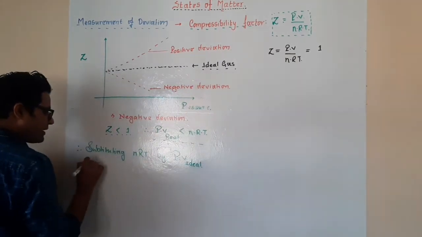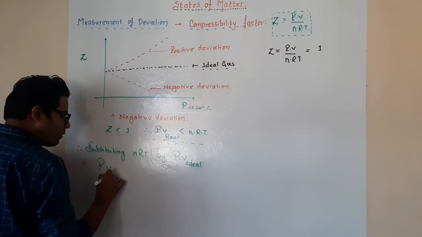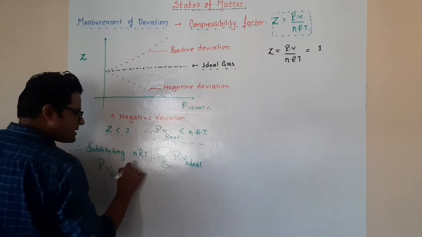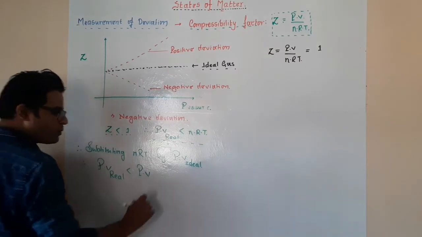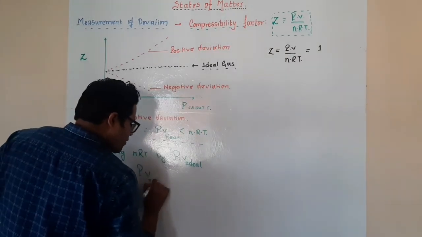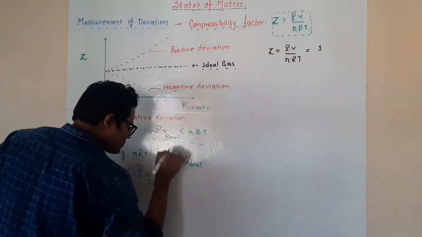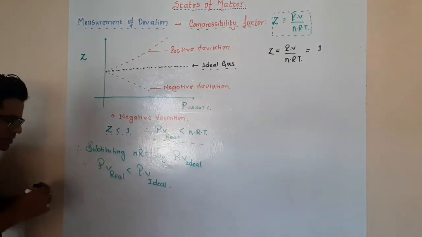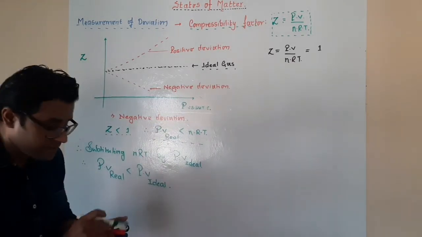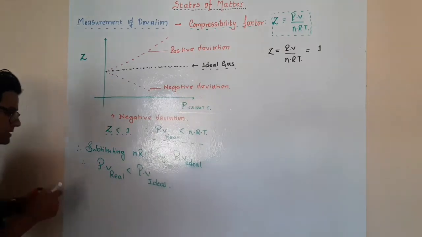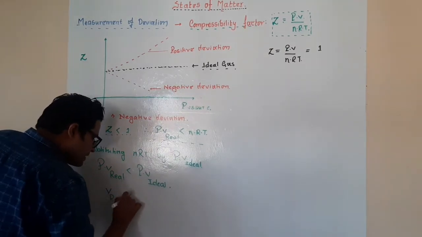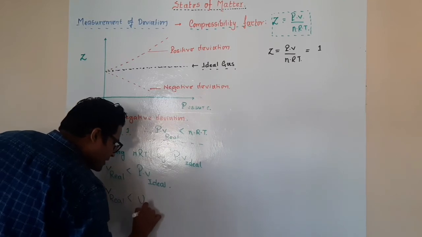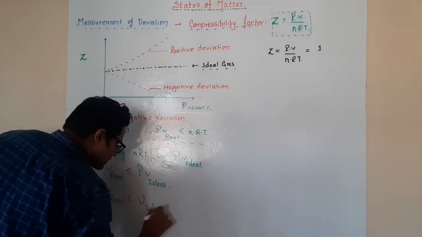Can we say that P into V of a real gas is less than P into V, the product into the volume, of the ideal gases? So if this condition is achieved, can we say that the volume of a real gas is less than the volume of the ideal gases?